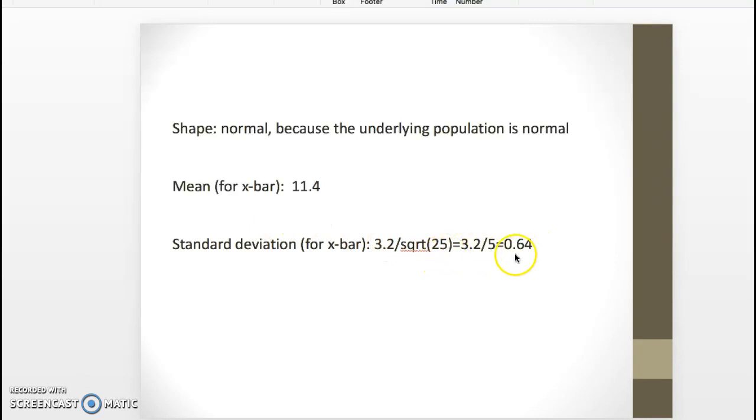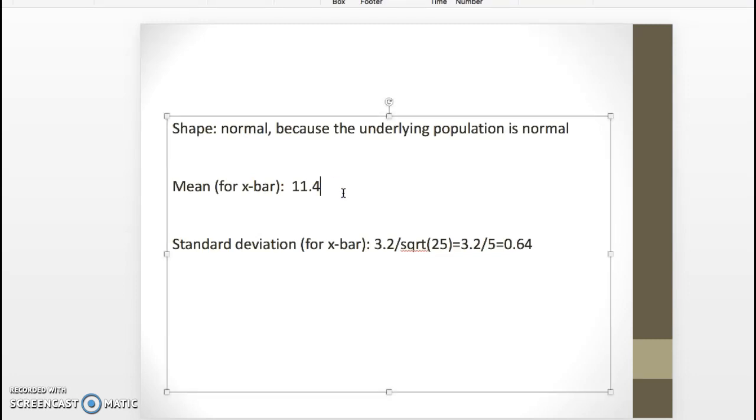So this standard deviation of 0.64 only applies to the distribution of the sample mean for a sample of size 25. If we change to 35 or 45, this standard deviation would change. The mean would actually stay the same because the underlying distribution still has a mean of 11.4, and the mean formula doesn't have the n in it.